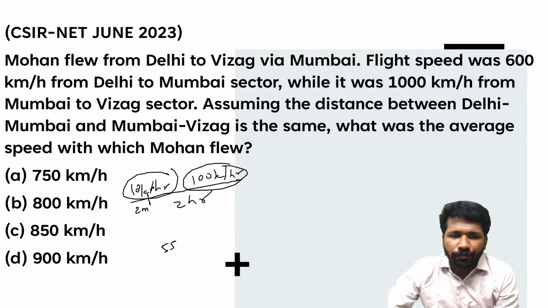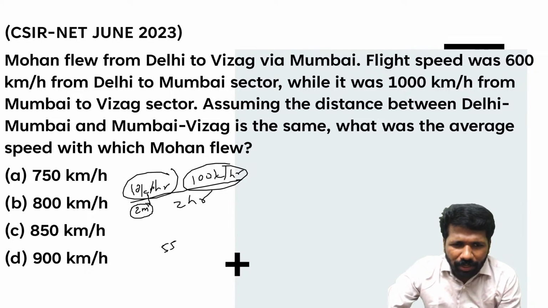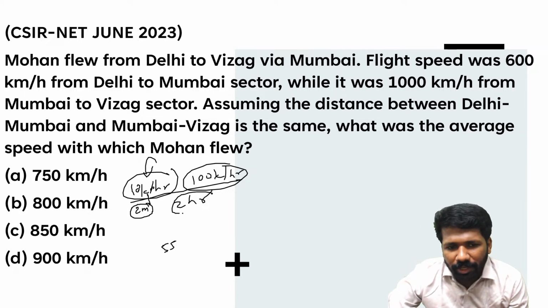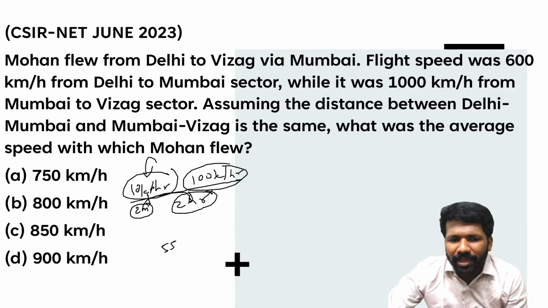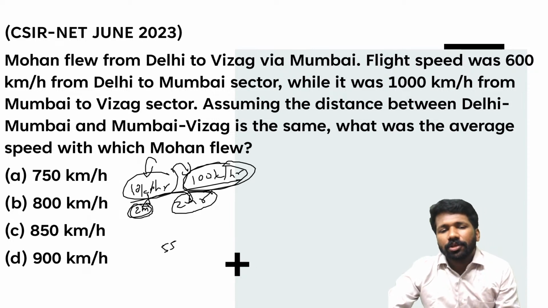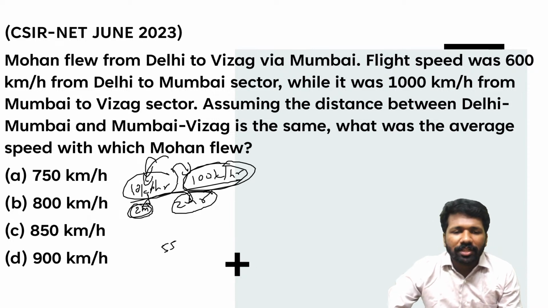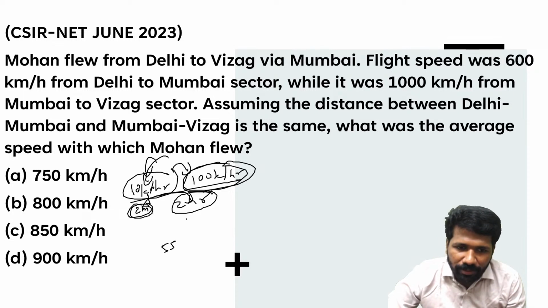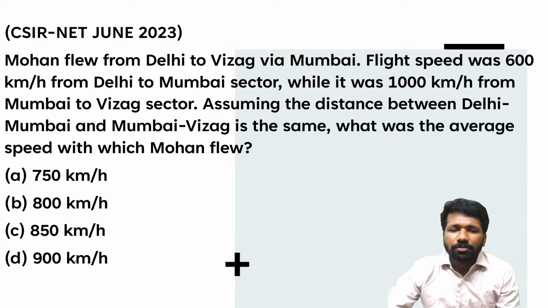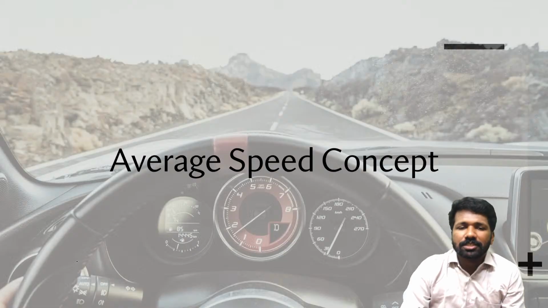It won't be 55 because only for a very short time the speed was 10 km per hour. Comparatively, these 2 hours are a very big time compared to 2 minutes. So definitely the average speed will be much closer to 100, not in the middle of 10 and 100. Same way in this question the time is different. That is why you cannot say first speed plus second speed by 2.